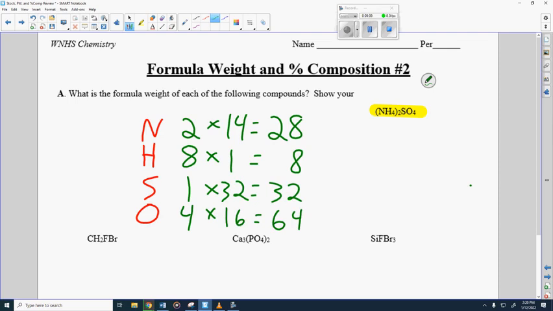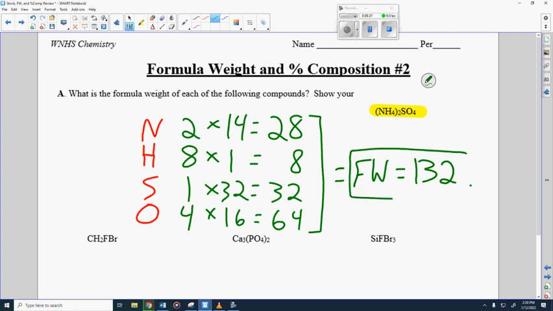Now, what am I going to do with all these? I'm going to add them all up to get that grand total. And I'm going to find this comes out to be, let's see here, 132. So my formula weight equals 132, and that's what I'm going to box up as the model student. There aren't any units for formula weight, so I'll just put FW, standing for formula weight, equals whatever your number is, and box it up.